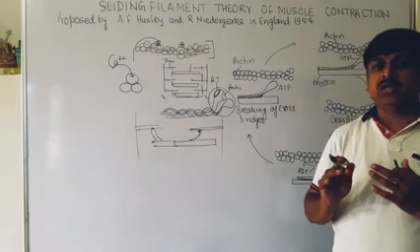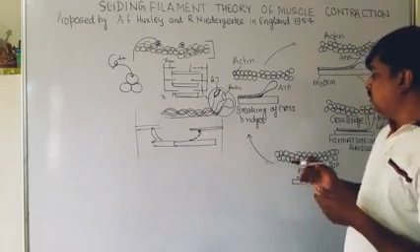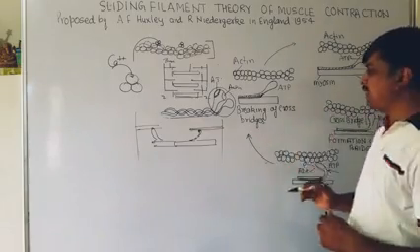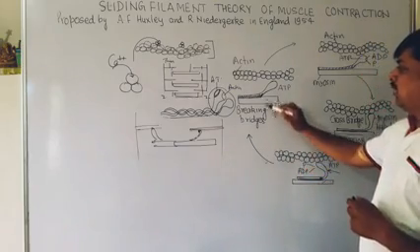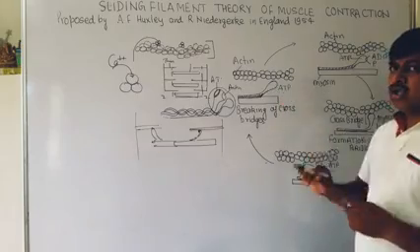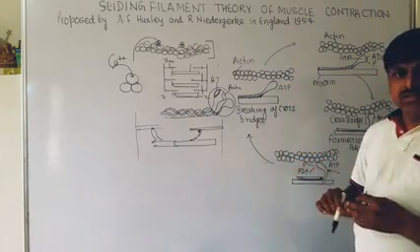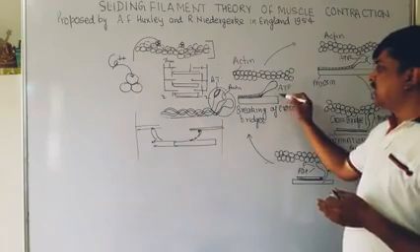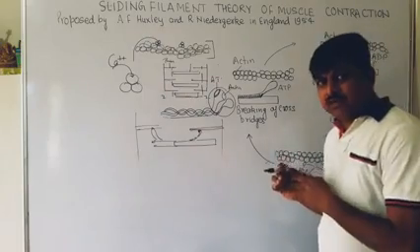So now the next step is detachment. Detachment means again one ATP is required to break this attachment, clear. Again ATP is attached and this is broken down to ADP and inorganic phosphate.